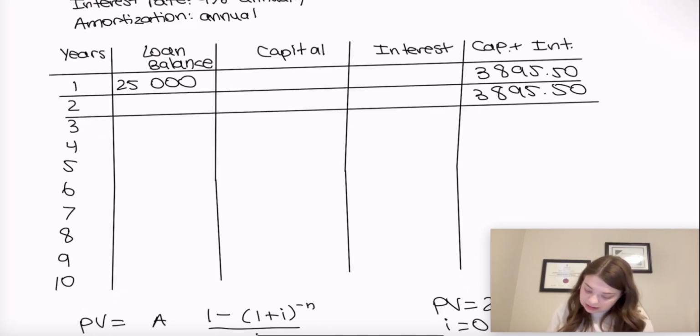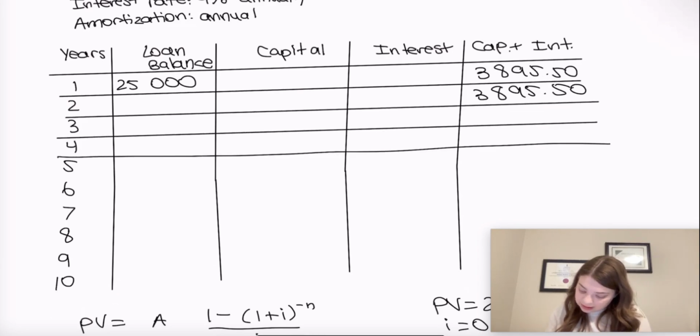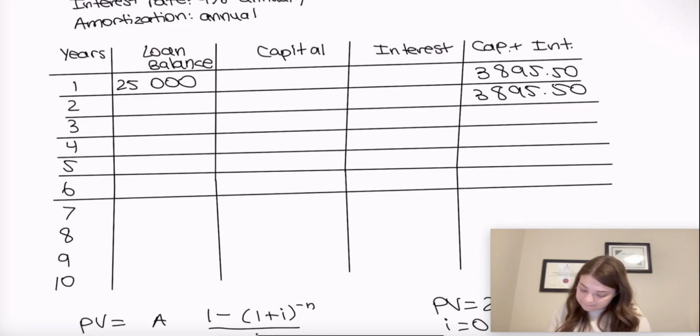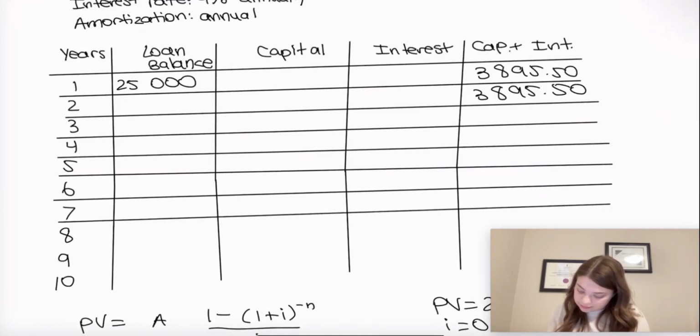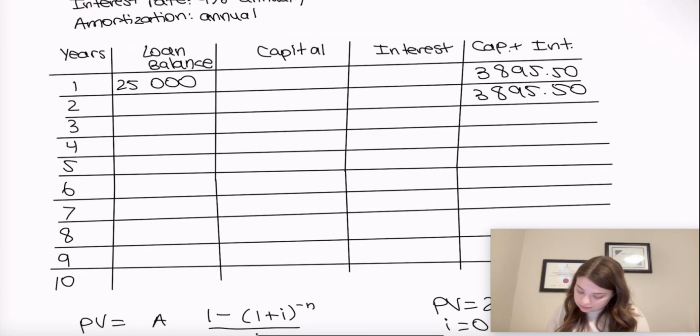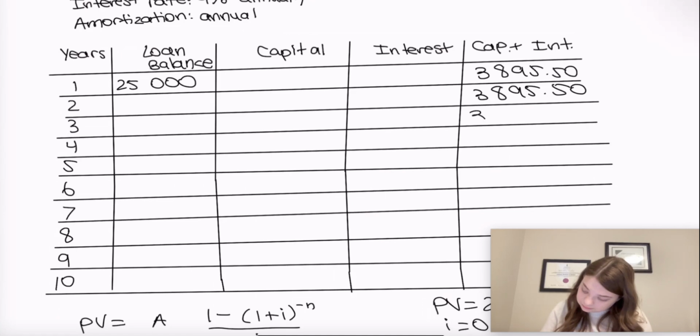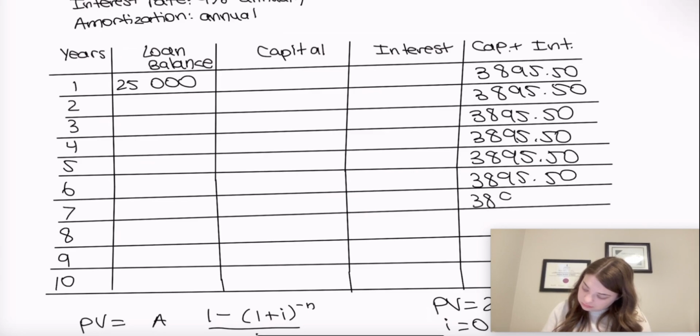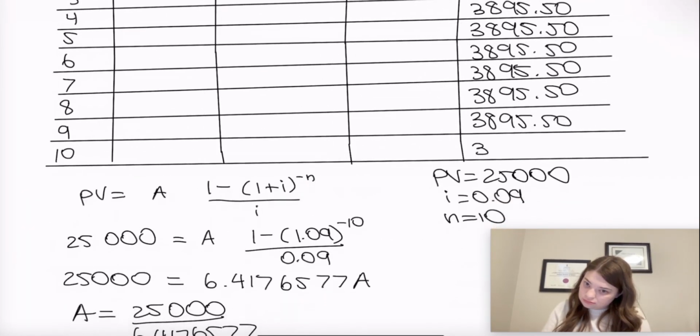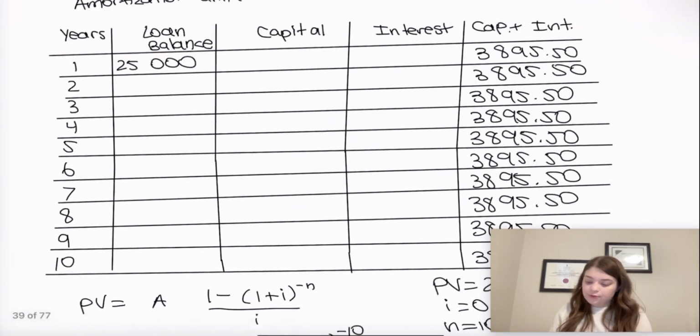I'm going to draw some more lines here just to make this a little more clear as to what's what, because there's a lot here. Okay, so now that row is all done.